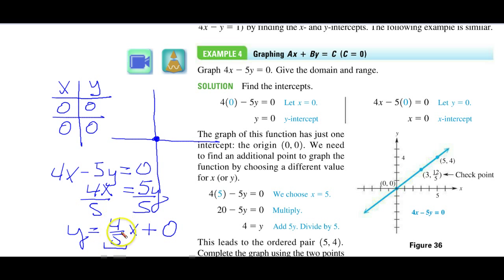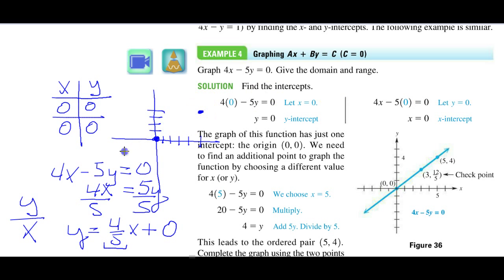And we're going to get to this very shortly, so we're just showing it to you a little ahead of time. And we'll find that slope is a ratio of y units to x units. So we're going to go over 5. 1, 2, 3, 4, 5. And go up 4. And there's our second point.